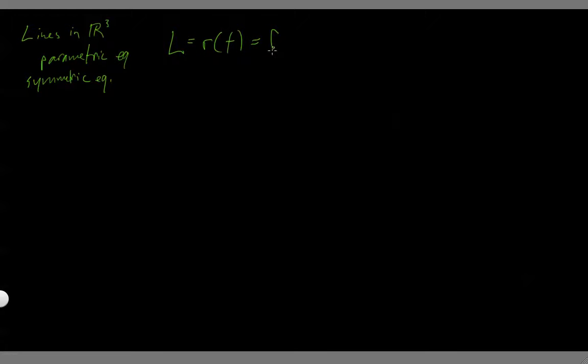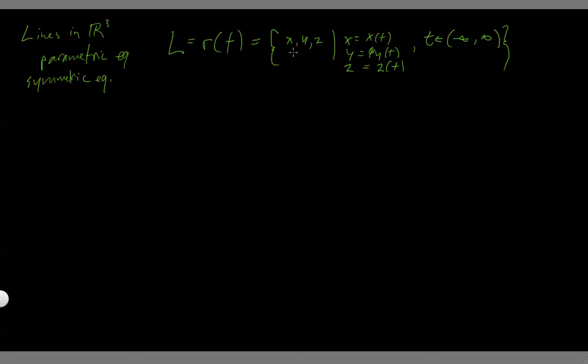And this is going to be just the set of all x, y, and z such that x is equal to x as the parameter changes, y is equal to y as the parameter changes, and z is equal to z as the parameter changes, where our parameter, since the line is infinite in all directions, our t is going to be in negative infinity to infinity.